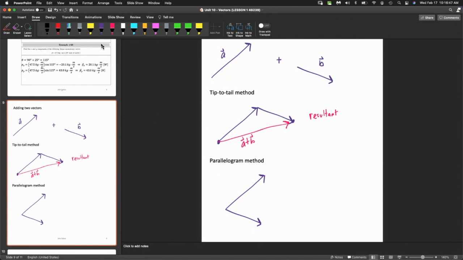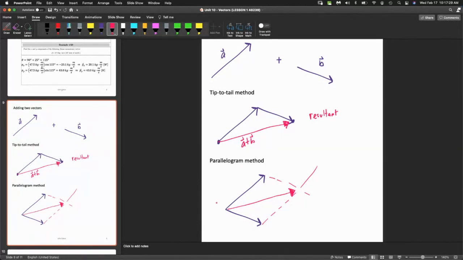And then you construct a parallelogram. These two vectors form the edges. Now I have to do it as best as I can here. You see how I'm drawing a parallelogram using the two vectors? They form part of that perimeter. And then you draw a diagonal across the middle, and that represents the resultant. See, like that. So that's the second method, where you draw a parallelogram.